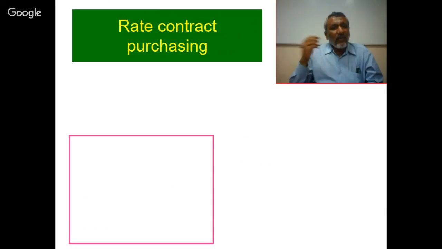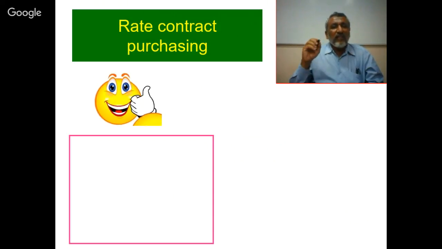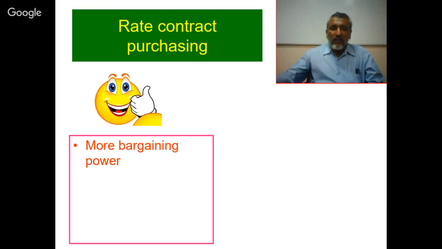Let us discuss the advantages and limitations of rate contract purchasing. First, we'll discuss the advantages. The company has more bargaining power. That is because the purchasing is in large quantities and also for a longer future period. Under these situations, the company can negotiate with the suppliers and arrive at the best possible price for the organization.